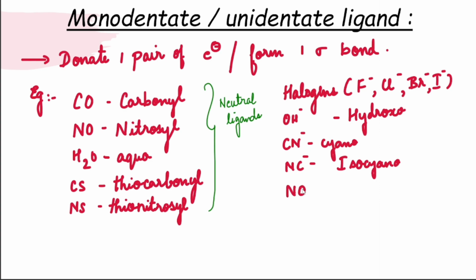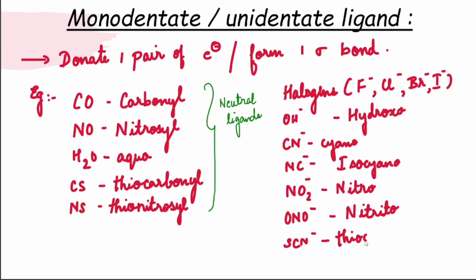NO2 can also be written as ONO, which is known as nitrito. SCN is thiocyanate, and NCS is isothiocyanate.